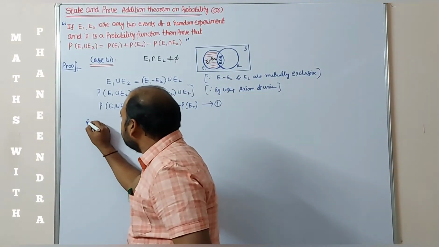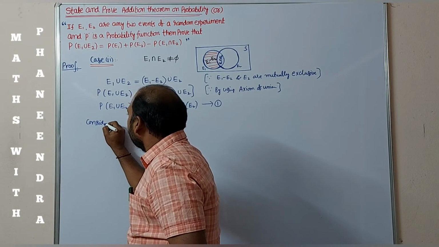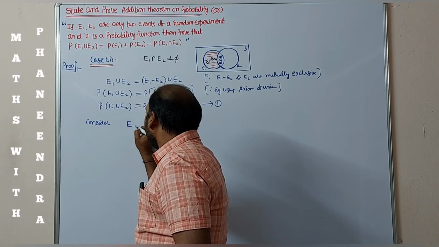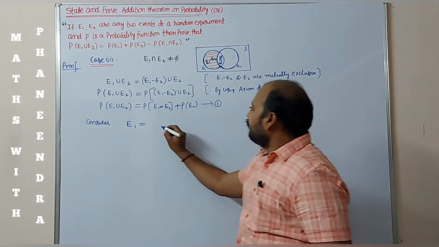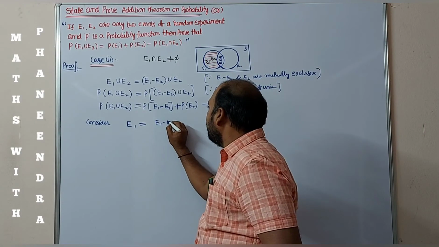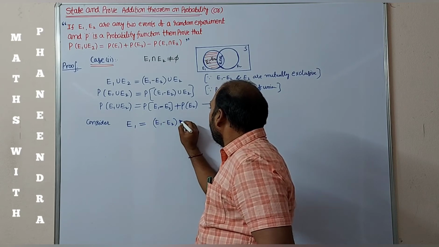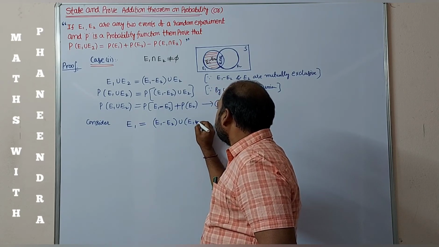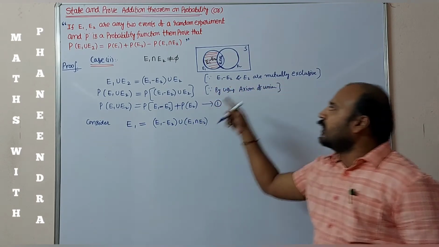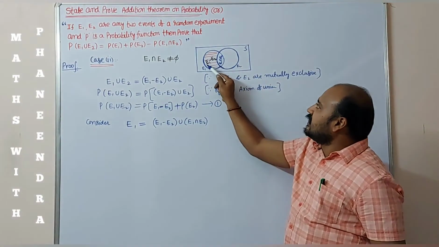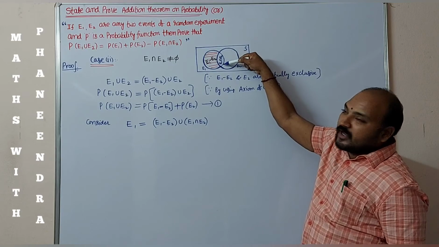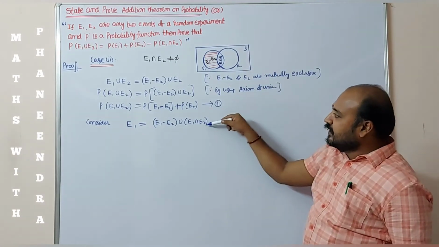So E1 can be written as E1 minus E2 union E1 intersection E2. I hope you understand from the figure.